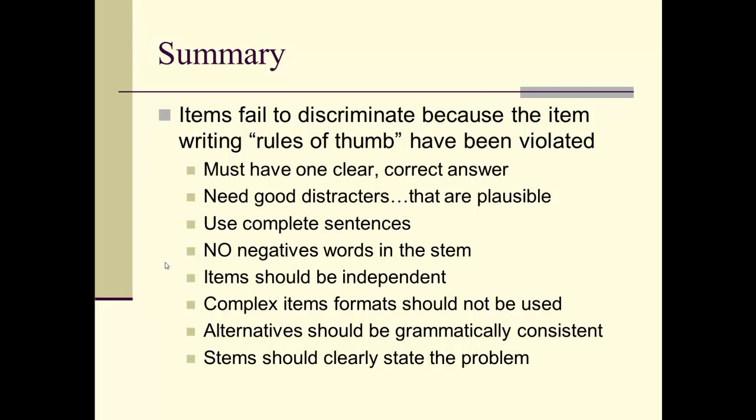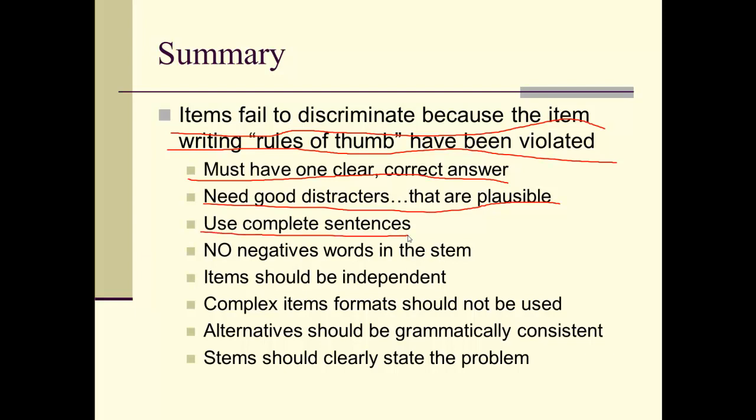So when it's all said and done, items fail to discriminate because the item writing rules of thumb have been violated. And what are those? We ought to have one clear correct answer on our multiple choice questions, and we need some good distractors, some that are plausible that the student's going to have to work to get the right answer.